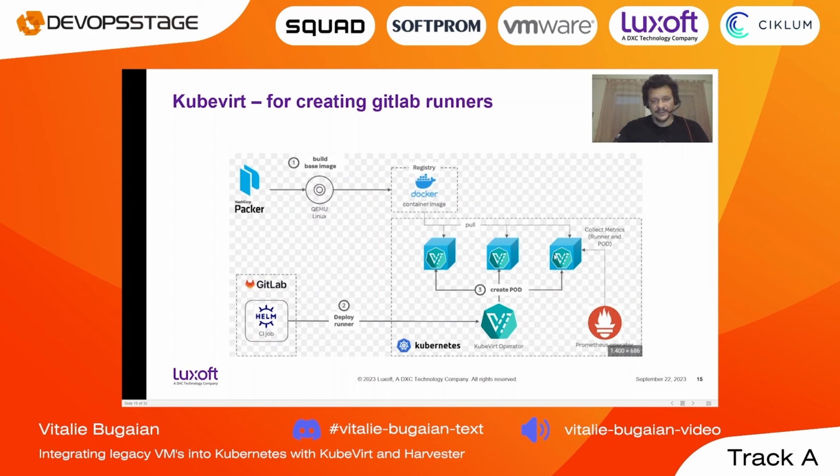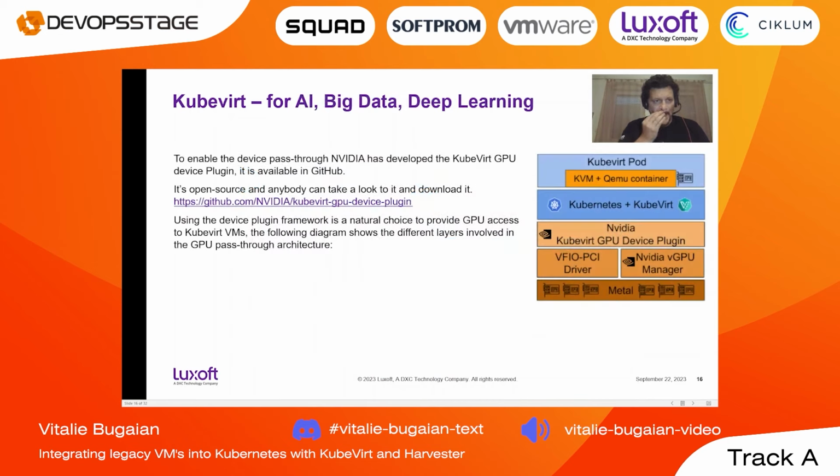Inside Kubernetes, you have the YAML files, and the data volumes are created by pulling the Docker image inside Kubernetes, and then you can run those pods. With a Helm chart, you can deploy those runners into Kubernetes, and have all this monitored by Prometheus and see it nicely in Grafana.